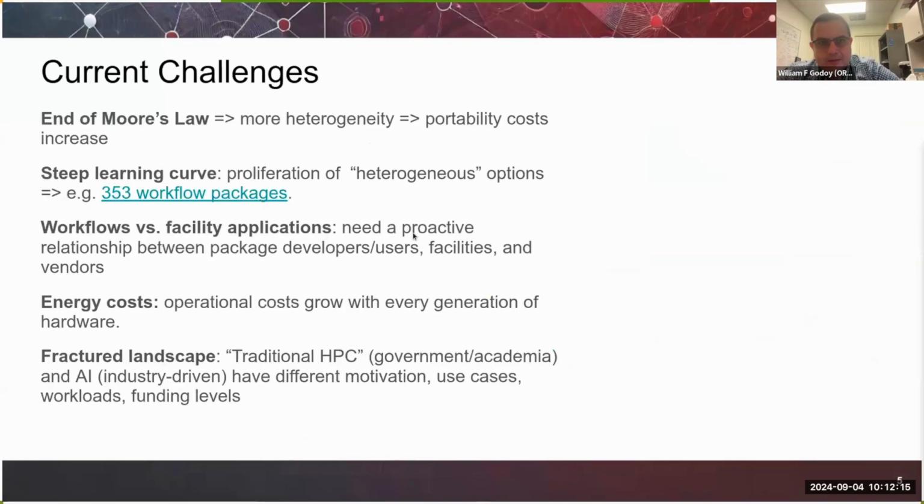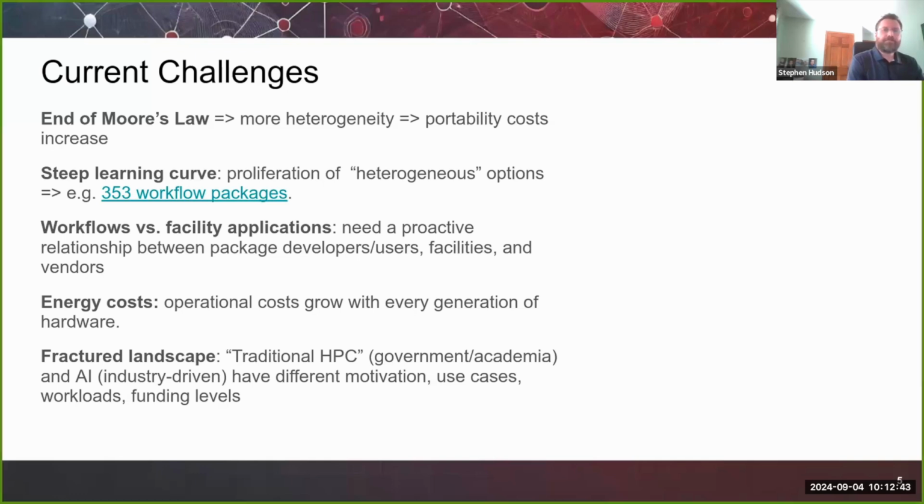Okay, so I'll mention something about the current challenges. With the end of Moore's law, we've obviously gone to more heterogeneity, and that has been a real challenge for portability, making portability increasingly difficult. The proliferation of options.